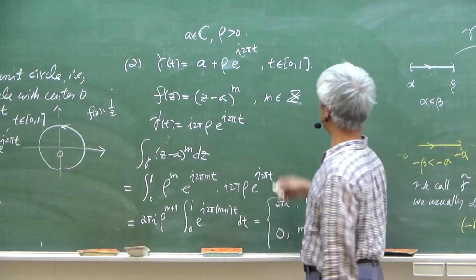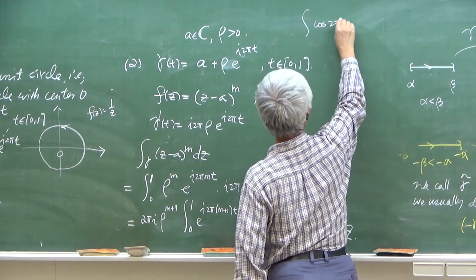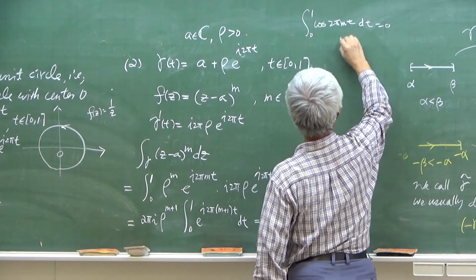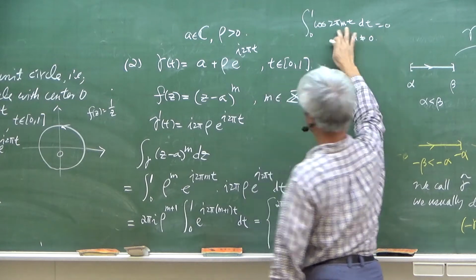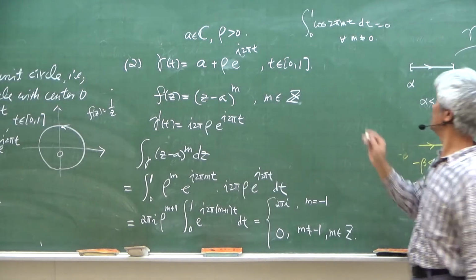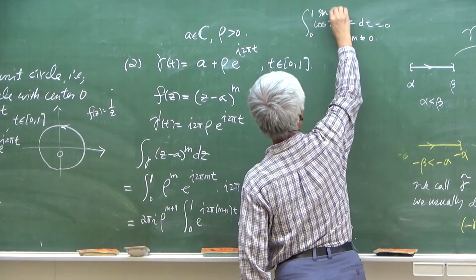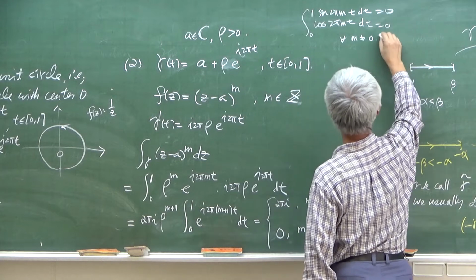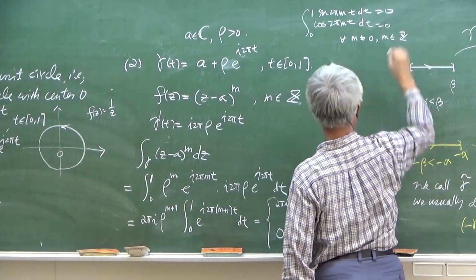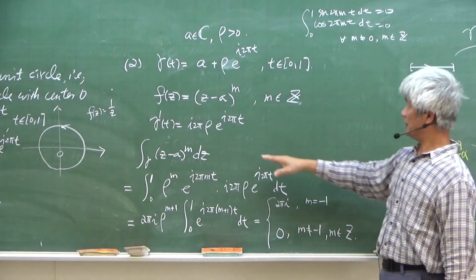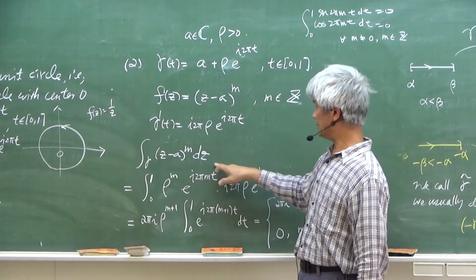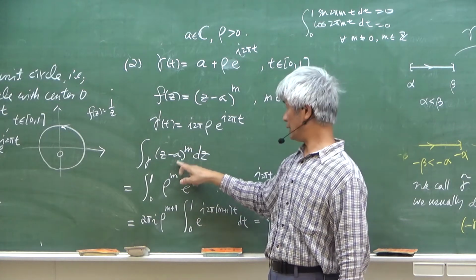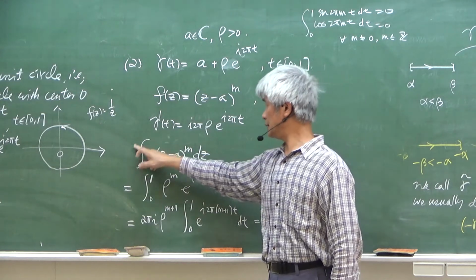You know that cosine 2 pi m t is 0 for all m not equal to 0, always, and the sine is the same, always 0. So the integral, very interesting, is 0 except when m equals minus 1. When m equals minus 1, the integral is equal to 2 pi i.